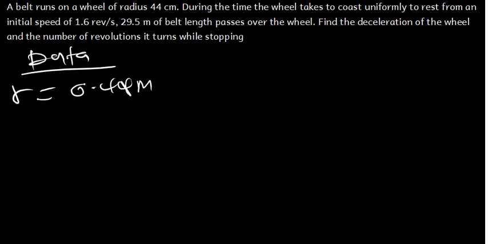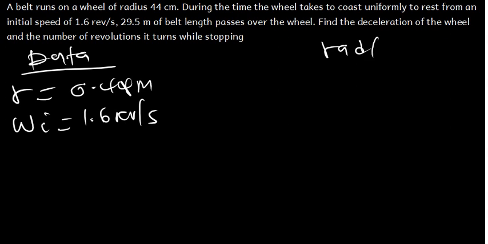Next, we have the initial speed, but as we can see, it is in revolutions per second, which is definitely the angular speed, the initial 1.6 revolutions per second. But we always need to convert this to rad per second. So before we go further, let's first convert this to rad per second.